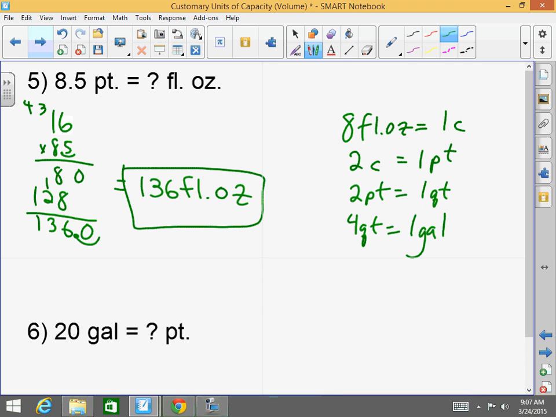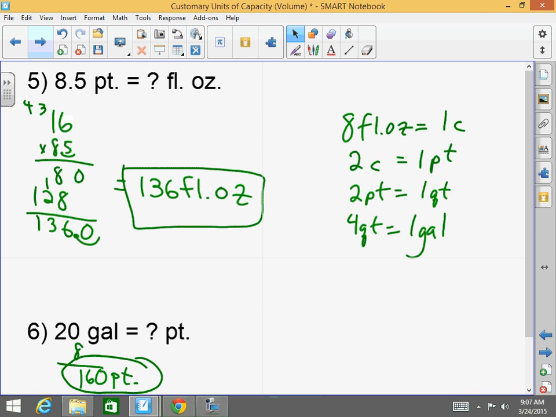There's no direct relationship between pints and gallons, are there? However, how many quarts are there in a gallon? How many pints are in a quart? So how many pints in a gallon? 8. So 8 times 20 would be 160 pints.